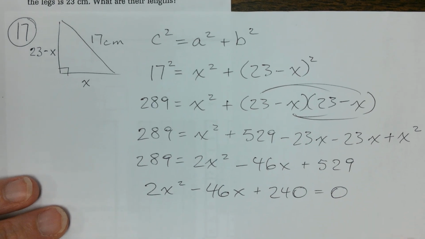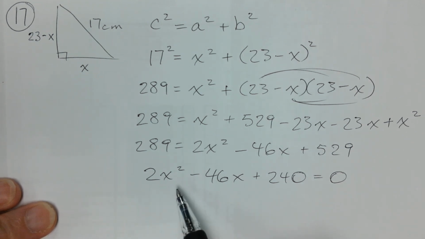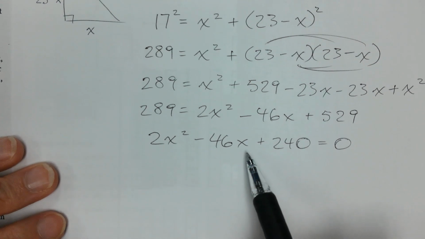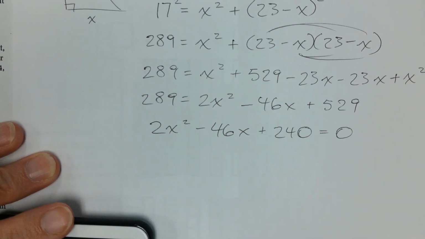Now I am trying to solve for x. So what should I do? Am I doing completing the square or quadratic? Quadratic, because I'm solving for x. I could do either quadratic or factoring. Let me see if factoring works.